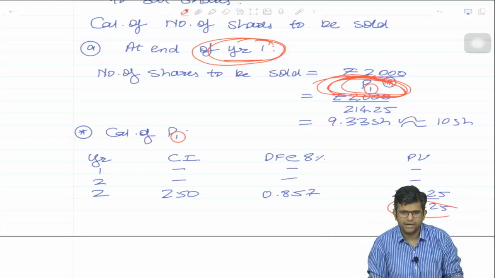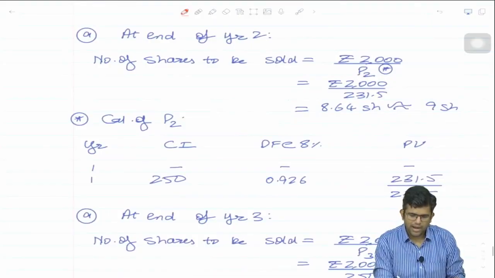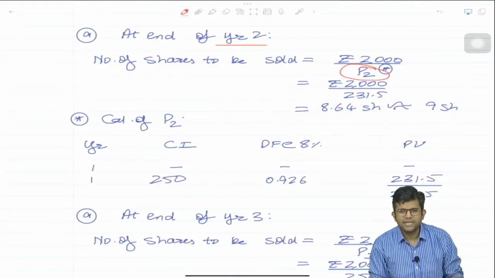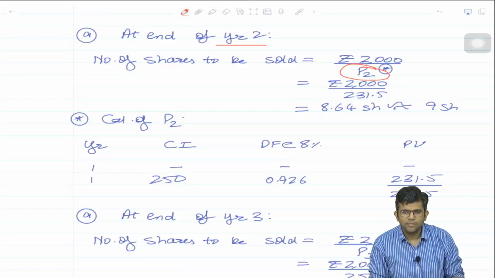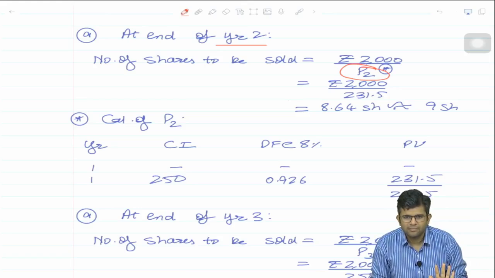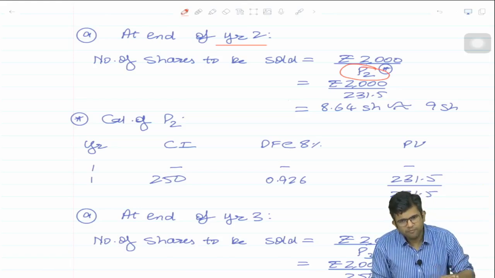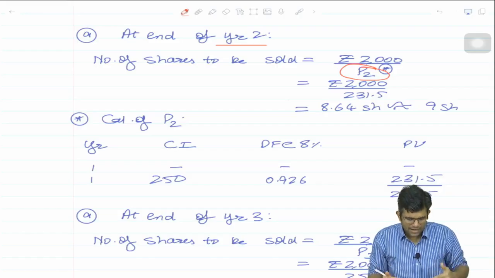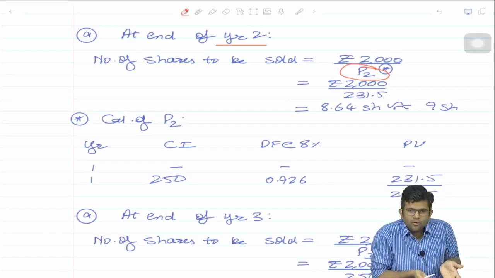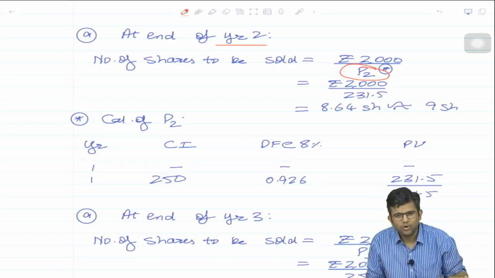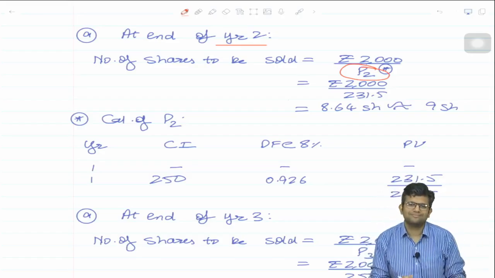I hope you're understanding. Like here, I am standing at end of year 2 and I want to know what is the price at end of year 2. I am not talking of P4. I am talking of P2 only. I am standing at end of year 2. What is the price now? Which means in one sense, at end of year 2, you are calculating P0 for year 2.